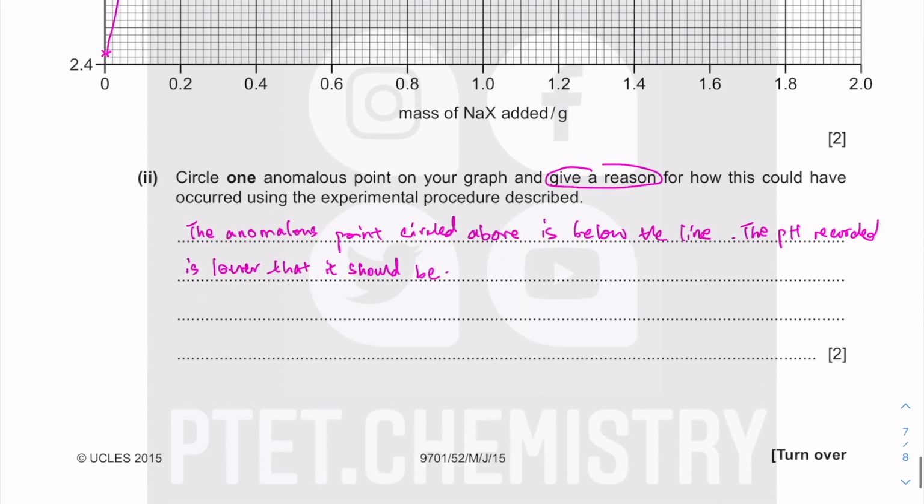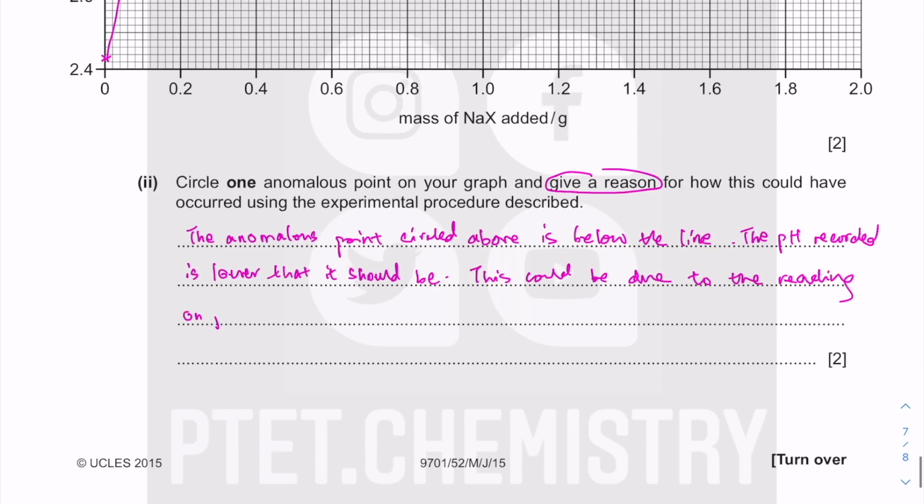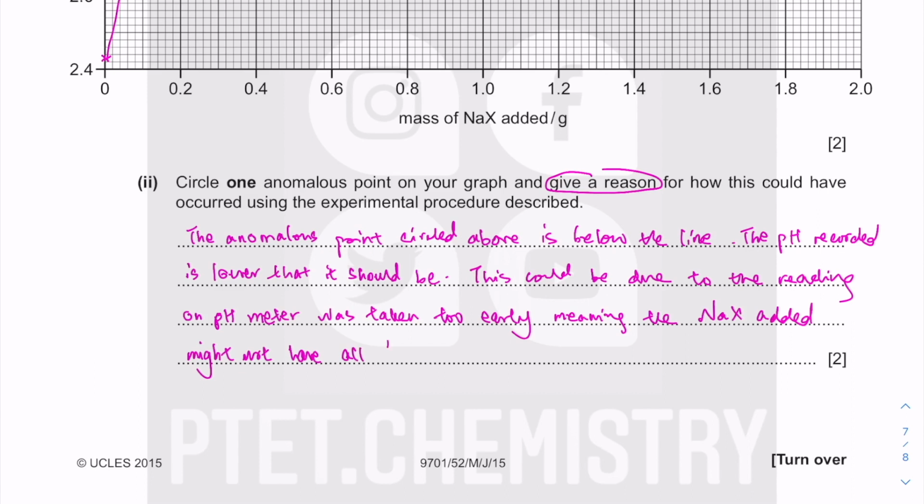So this could be due to the reading on the pH meter or pH sensor being taken too early, and the fact that you took it too early means the NaX added might not have all fully dissolved.